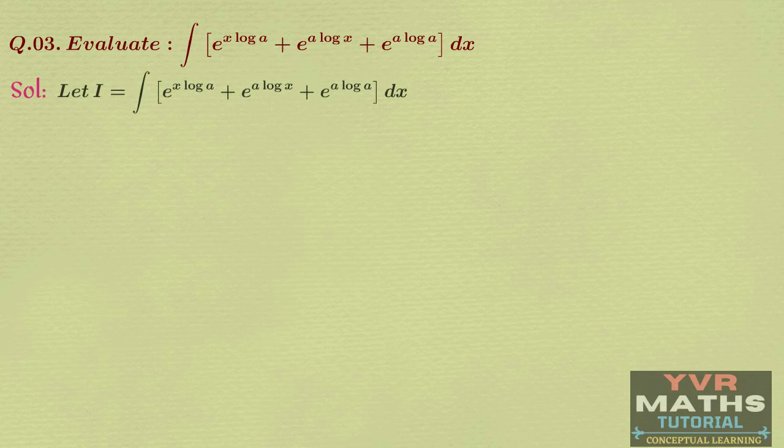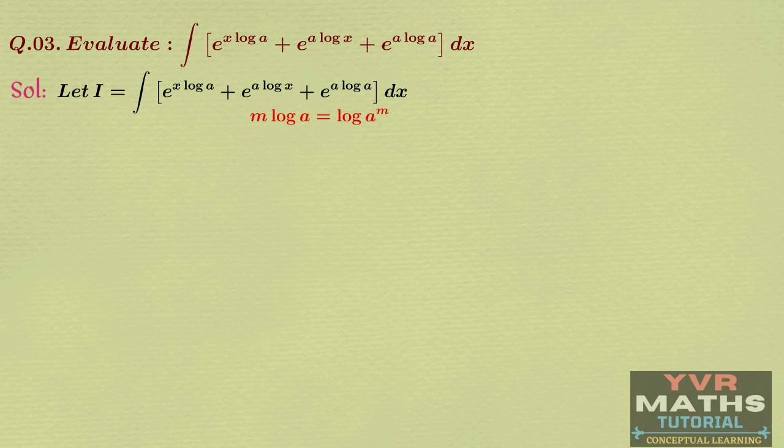Now, by using basic formulas from logarithms, we know that m log a is equal to log a^m. In each and every term, I am going to apply this formula on the power of e. If you see the first term, the power of e is x log a, which is nothing but m log a form. So this can be written as log a^x.